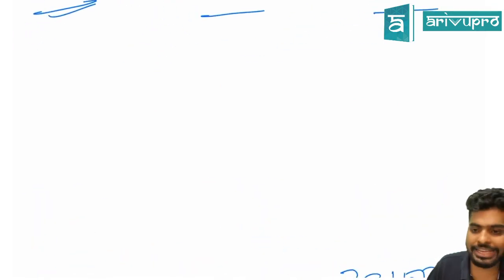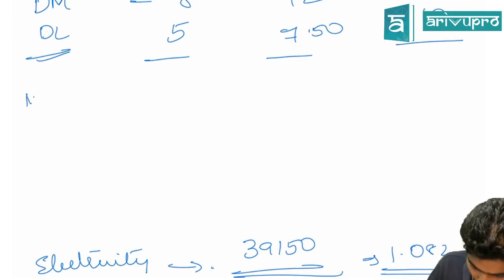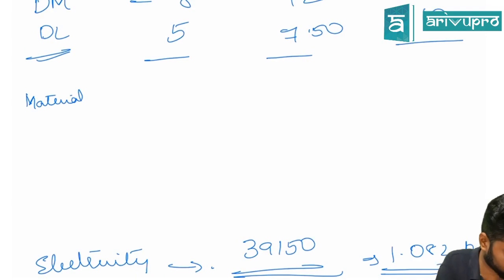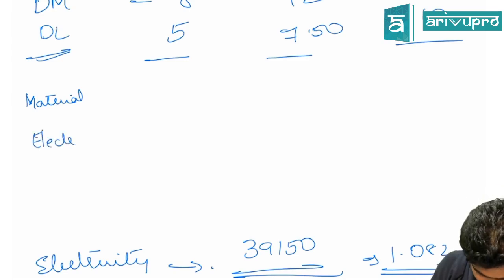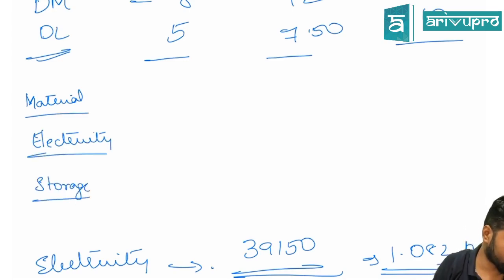I have 3 activity costs which have to be incurred by a particular product. One is material handling. Second one, electricity. Then there is storage.